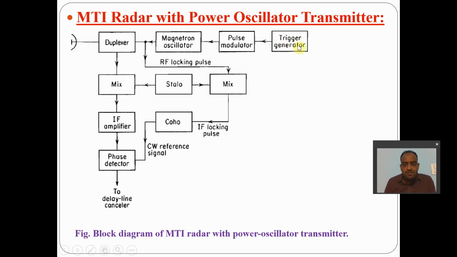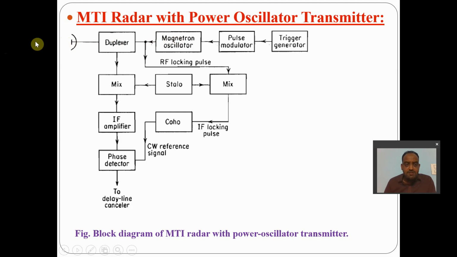Whenever the trigger generates, the pulse modulator produces a pulse, which pulse modulates this magnetron oscillator. So here the output of the magnetron oscillator is nothing but a pulse amplitude modulated sine wave or carrier wave, which is given through this duplexer, which is given out to the atmosphere.